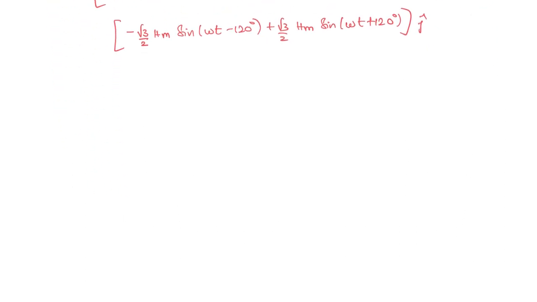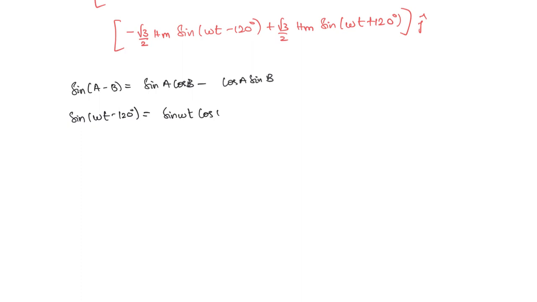So now use the trigonometric identities. Sine A minus B is sine A cos B minus cos A sine B, right? So what will be sine omega t minus 120 degrees? This is going to be sine omega t cos 120 degrees minus cos omega t sine 120 degrees. What about sine A plus B? Just here the positive sign will come. Okay.